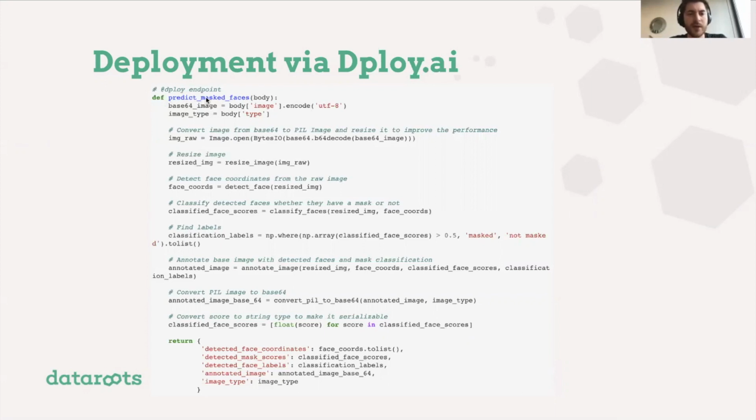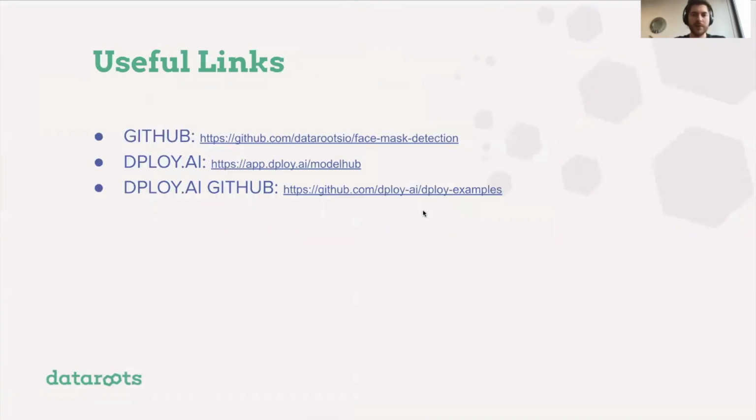So Dploy.ai understands that this function will be used by the API, and when you post data to your deployed API, it will be this body argument, and the return value will be the response of the API.